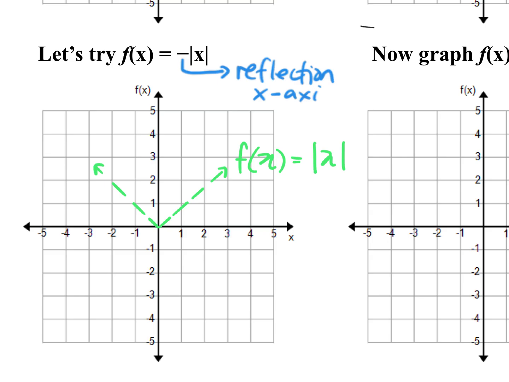So it's going to start from our origin again. That's it. And the other side. Something like this. This is now what you call your f of x is equal to negative absolute value of x, which is called a reflection across the x-axis.